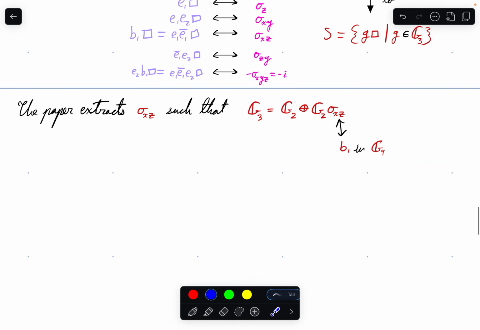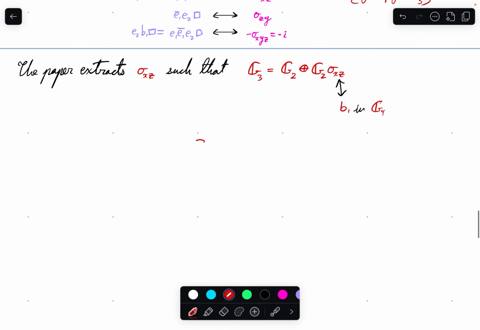And so this means that we're going to factor the spinor space. S can be further factored and reduced into the form A box plus B box, and then B1, such that A and B are in G2.